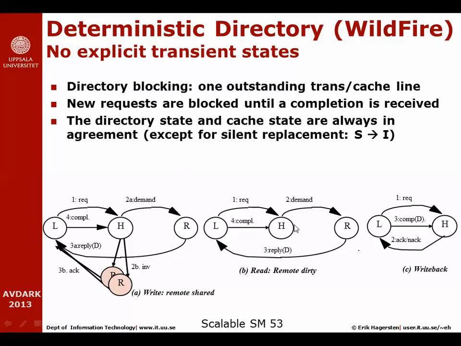Whatever view the directory has of who has a piece of data, where it is dirty, whether it has been modified, that view is always in agreement with all the CPUs and all the remote nodes, because the remote nodes will not change their state until they are explicitly told so by the directory.